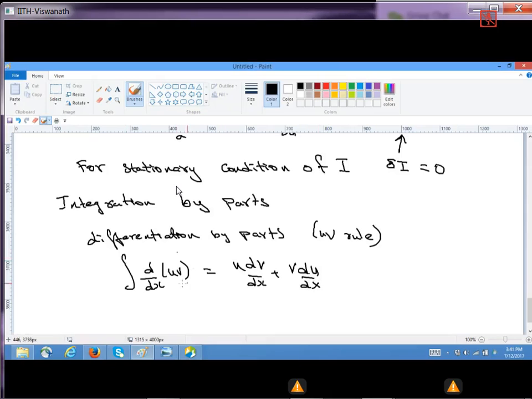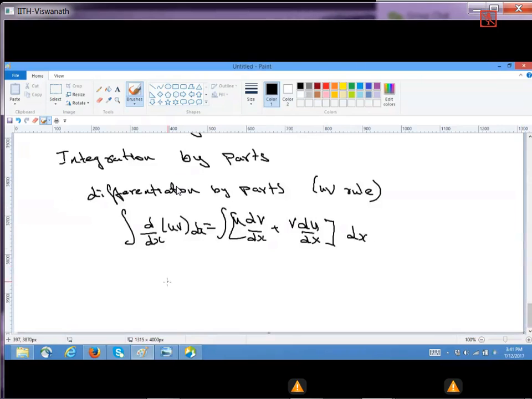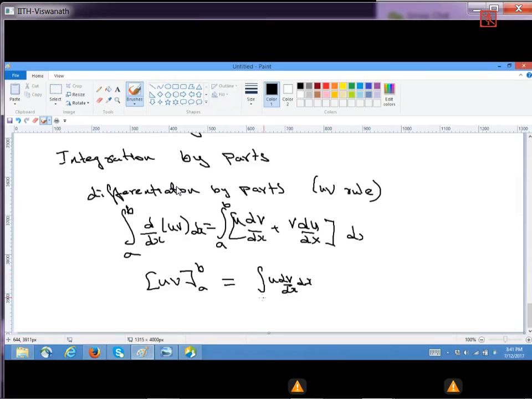If I integrate it with respect to dx, I can simply write it as uv from a to b equals the integral of u dv by dx from a to b plus the integral of v du by dx from a to b.